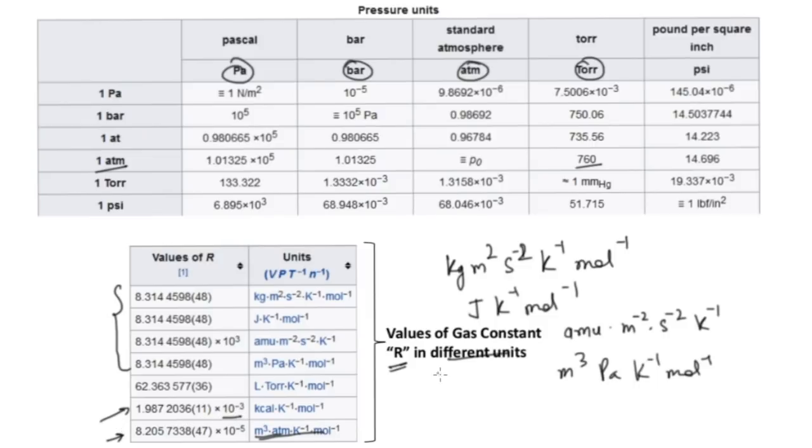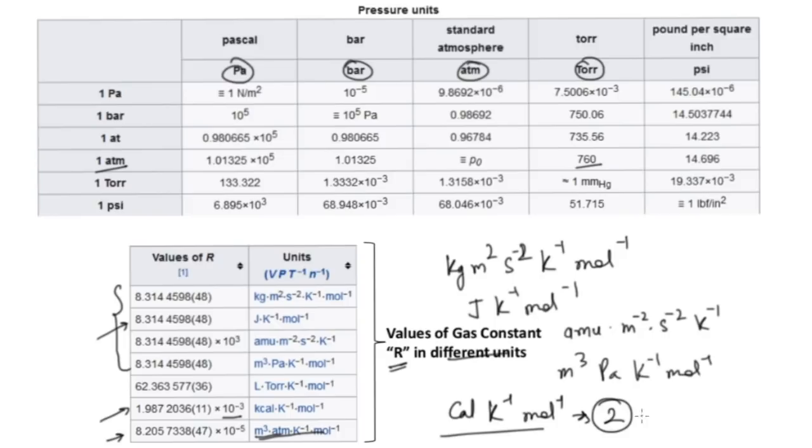Just remember one thing: in joules per Kelvin per mole, the value is 8.314. If you want to calculate in terms of calorie per Kelvin per mole, then the value of R will be 2.